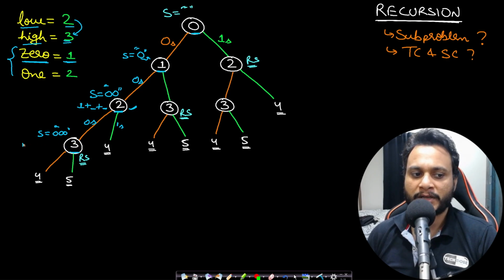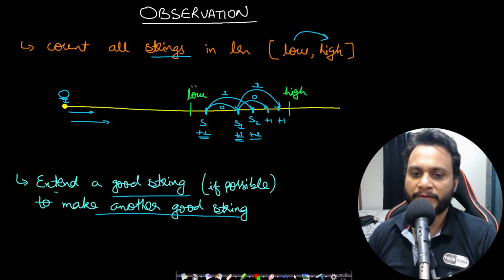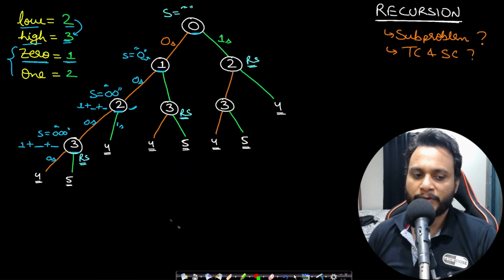So what we will do is we will add a count 1 for it, and then whatever number of count I get by including further zeros and whatever number of count I get by including further ones. This is with the logic what we have previously understood, that even if a string is within the range of low and high, maybe further addition of zeros and ones will also lead to new strings which are also in the range of low to high. So we have to also account for those, right?